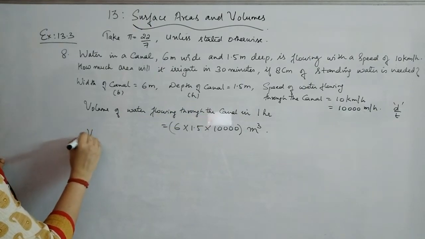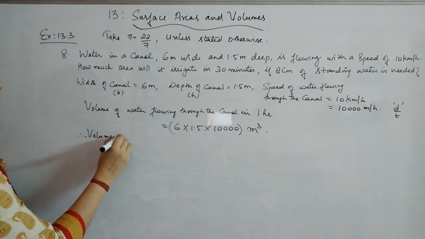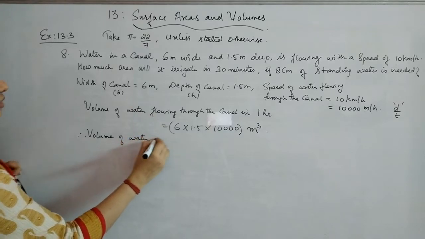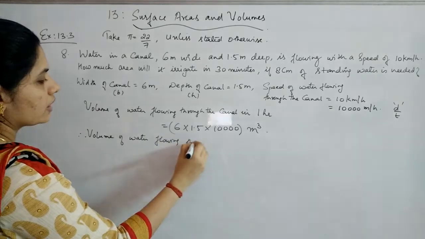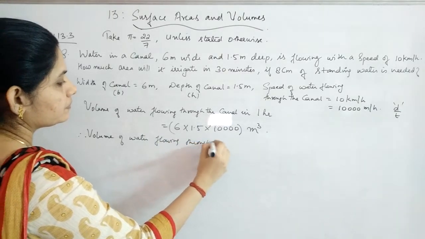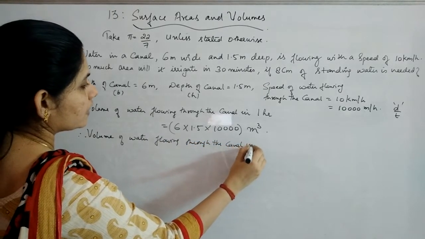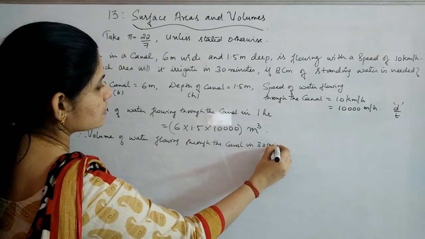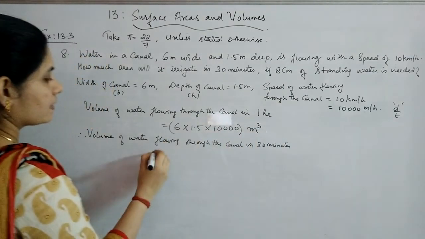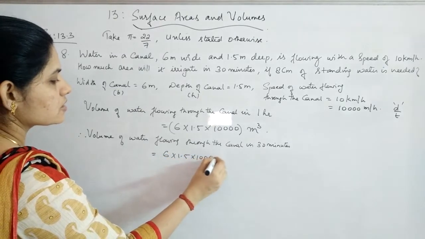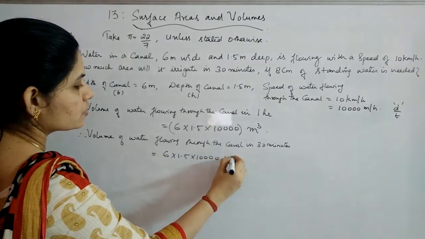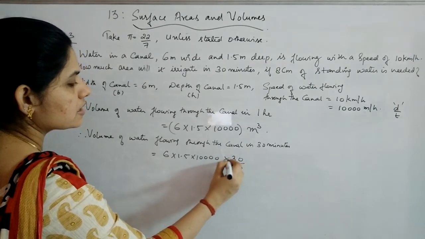Therefore volume of water flowing through the canal in 30 minutes is equal to 6 into 1.5 into 10,000 into 30 by 60 in hours.